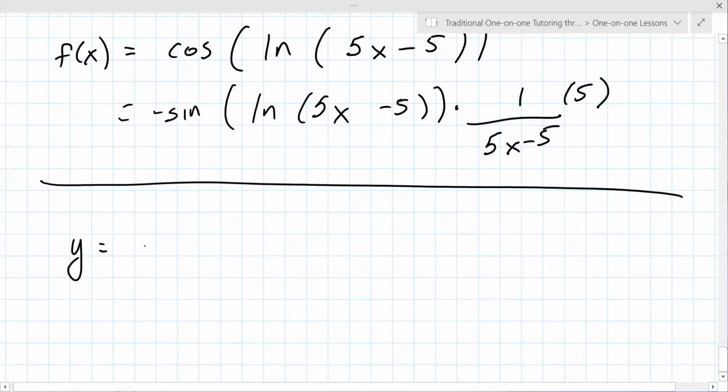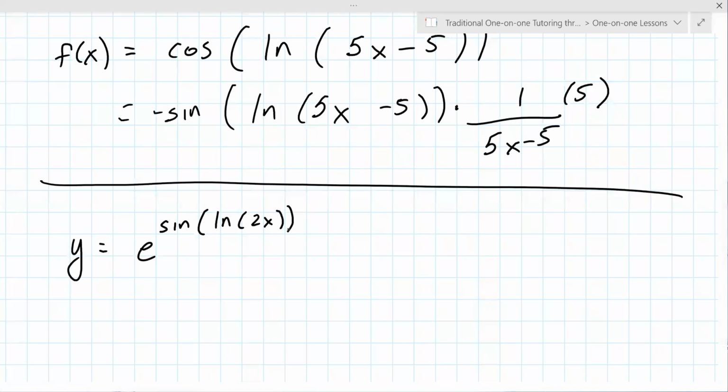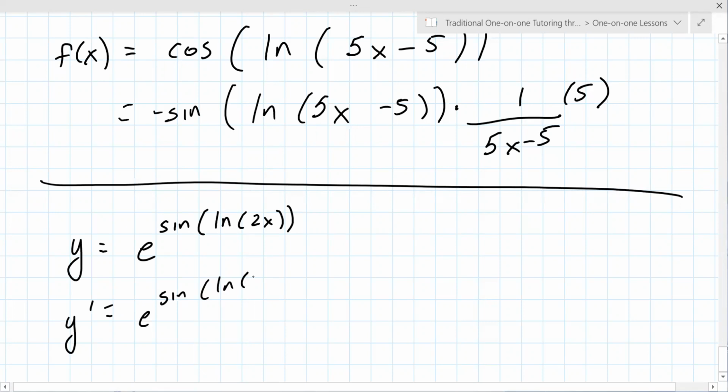y equals e to the sine of natural log of 2x. Okay, so y prime equals the same thing, e to the sine of natural log of 2x. Exactly.